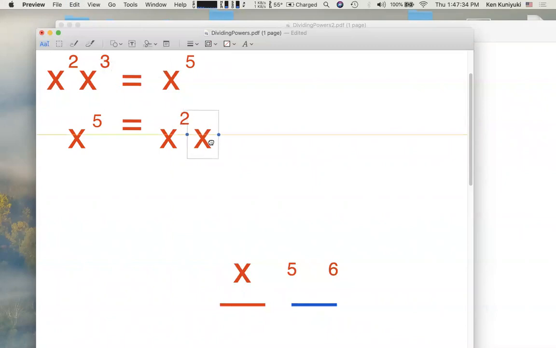You can always switch around an equal sign. So x to the fifth equals x to the second times x to the third. Now let's divide both sides by x to the third.